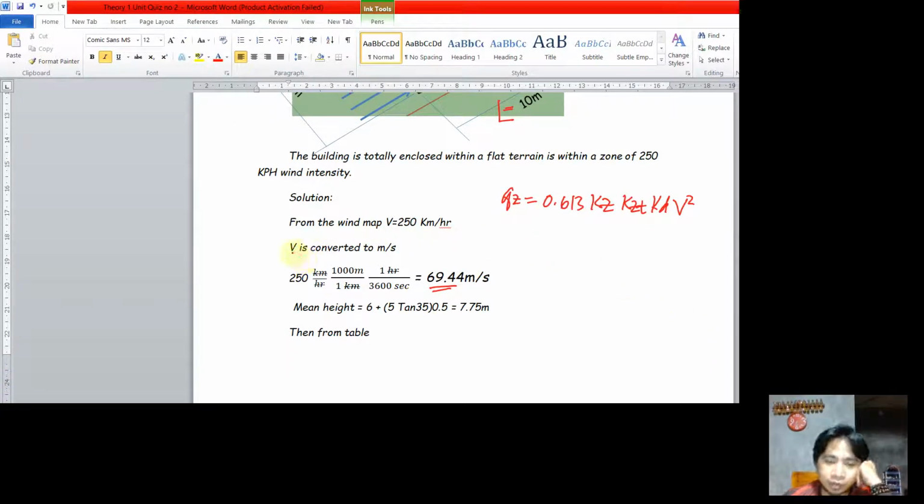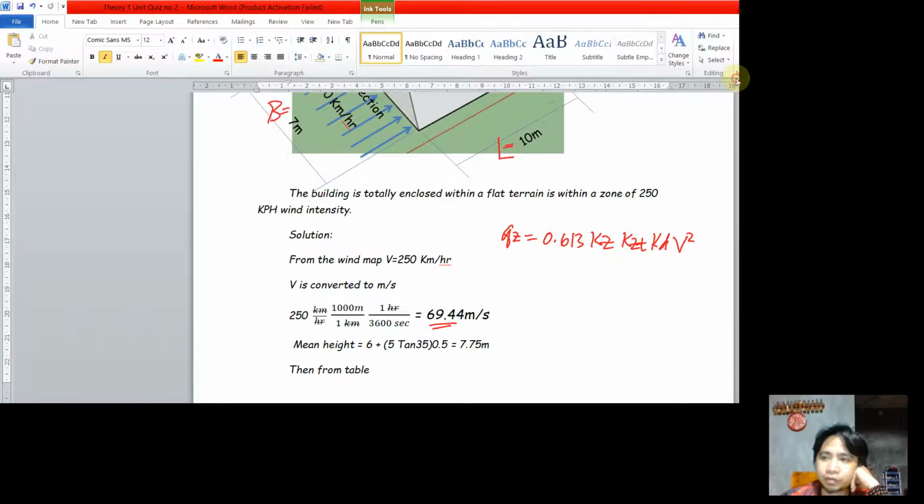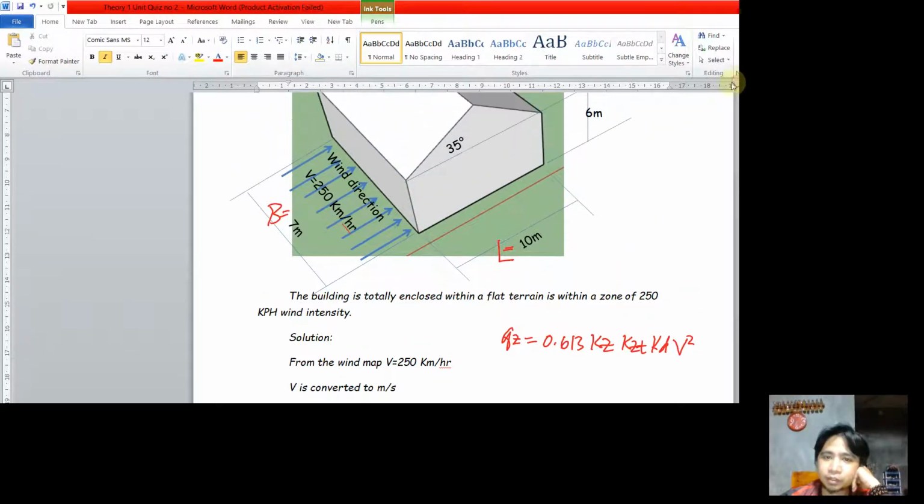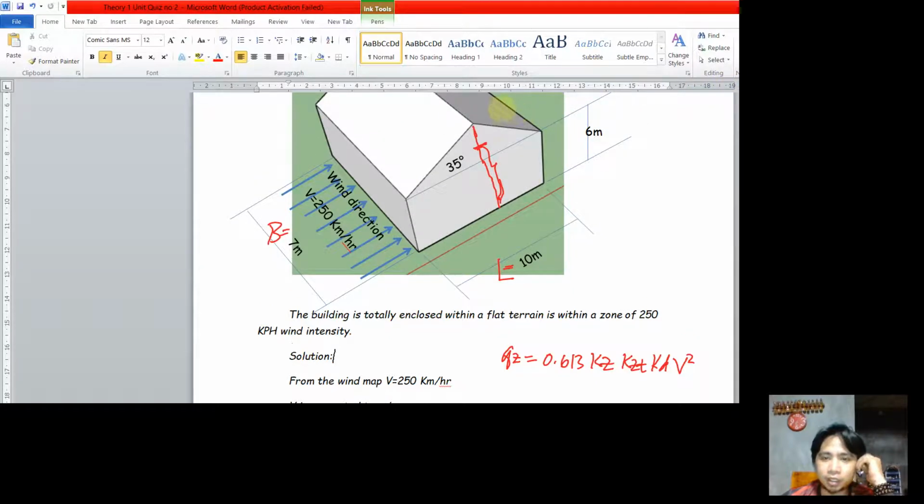And then for the mean height, we also need to compute it. It is measured from the half of this one, half of that, up to this point. So that is the needed mean height, or 6 plus the half of this. So we can determine this dimension.